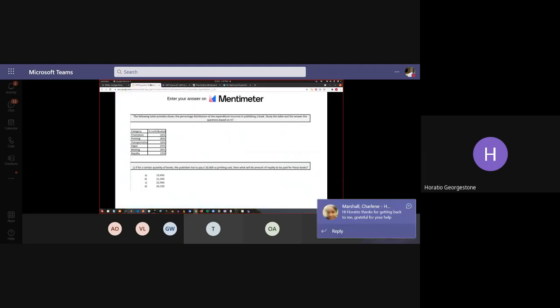So the following table provides the percentage distribution of the expenditure incurred in publishing a book. Study the table and answer the questions based on it. So this is showing a breakdown of what percentage of the expenditure went on different things.